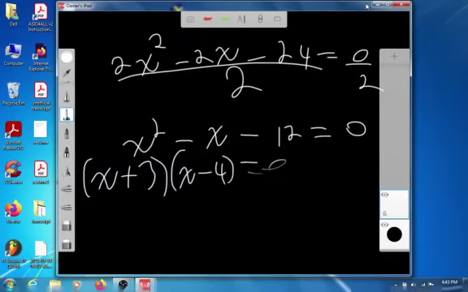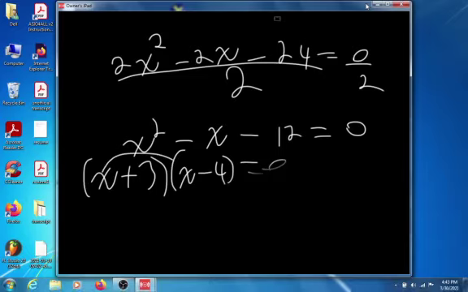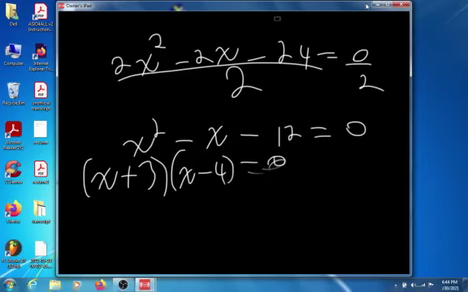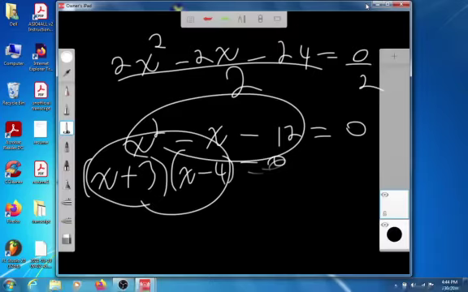So in other words, you get this times this, and you get this times this. The FOIL method is the same exact thing as double distributing. So anyway, we've got this written as a product of two binomials.